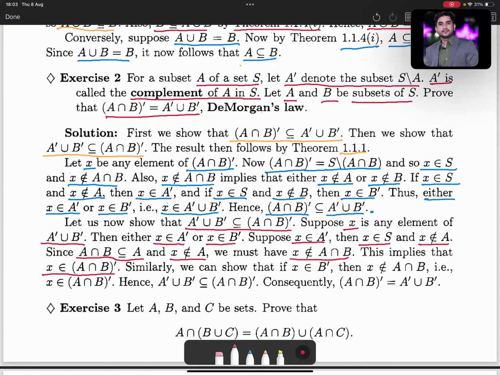So we can show that if x is inside B complement, then it is not inside the intersection, so it is inside the complement of the intersection. Hence, we have this union contained in the complement of the intersection, and consequently, we have this De Morgan law.